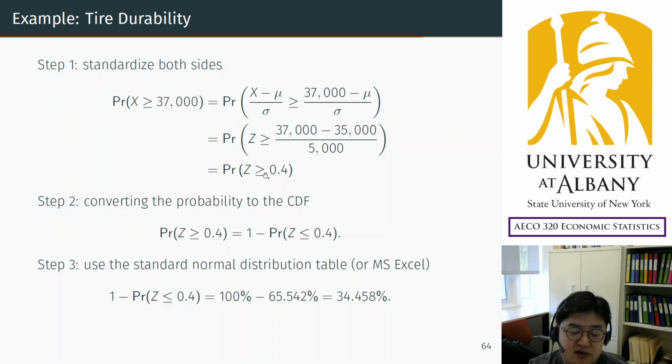The direction of the inequality is not desired. So you take 1 minus the cumulative probability. This is the probability you can calculate from Excel. So in Excel, you calculate that, you get this number, right?